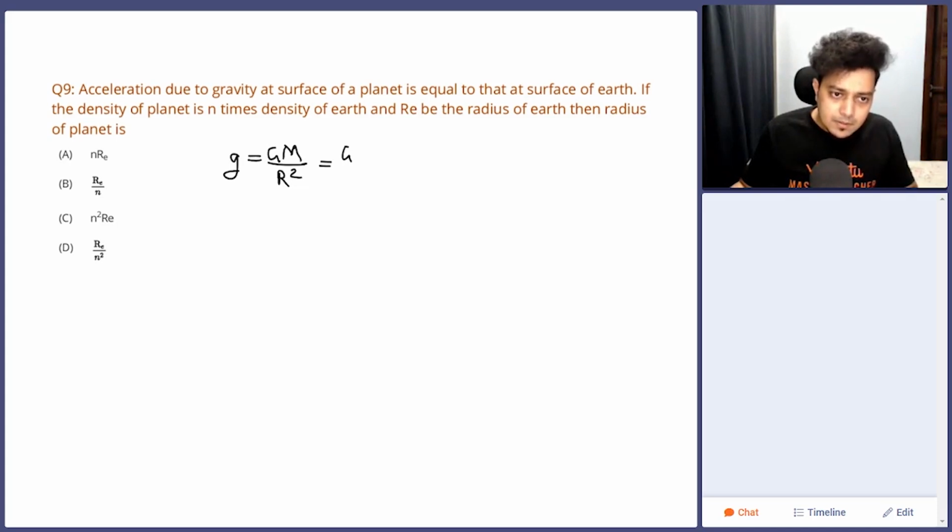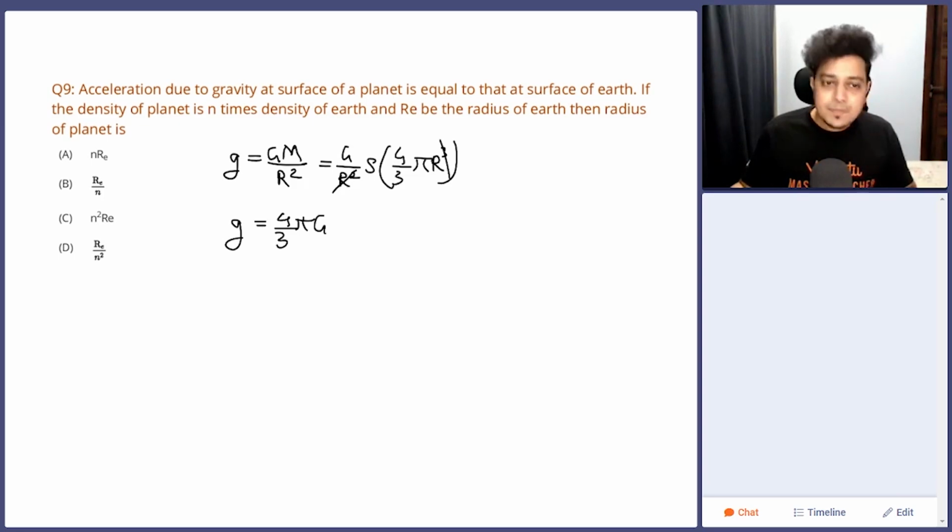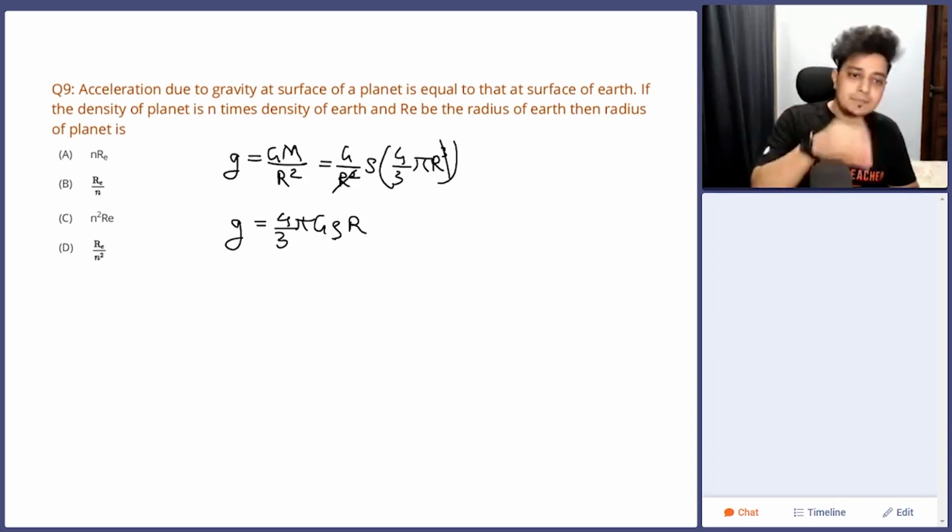And then mass can be written as density into volume, and we consider the planet to be a sphere, so volume will be 4 by 3 pi r cube. So r square cancels. So we get the formula for acceleration due to gravity as 4 by 3 pi G rho r.